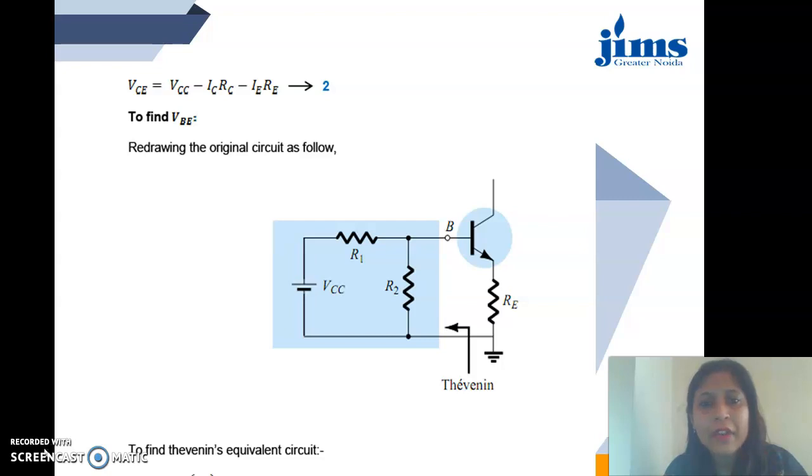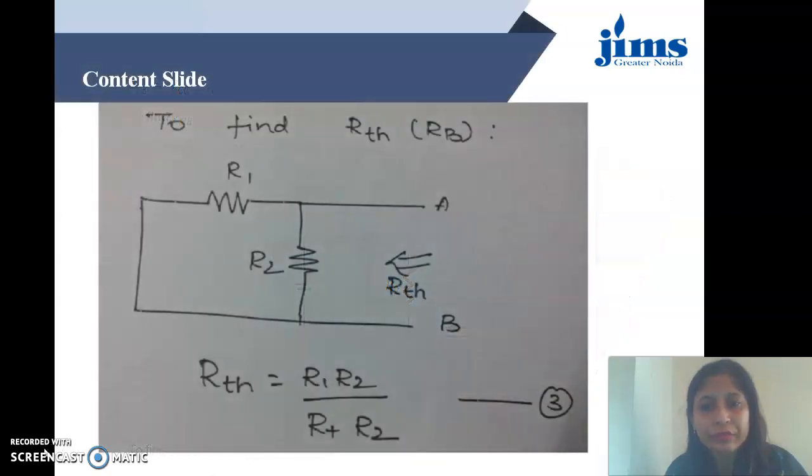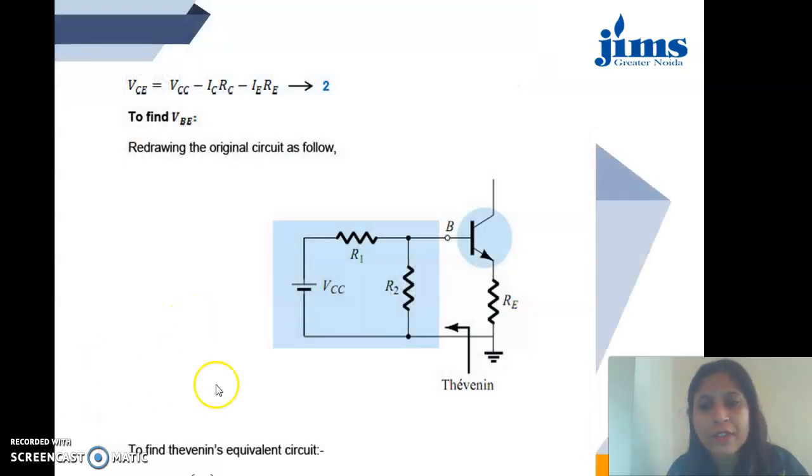After that we will be redrawing the circuit, where we will be using Thevenin theorem, and in that VCC and R1 are taken as the source voltage and source resistance, and R2 is the resistance at the base. So the two come in parallel. Therefore, to determine the Thevenin equivalent resistance, which is taken from the right hand side of the device, this arrow is showing the direction from where the Thevenin equivalent resistance is calculated.